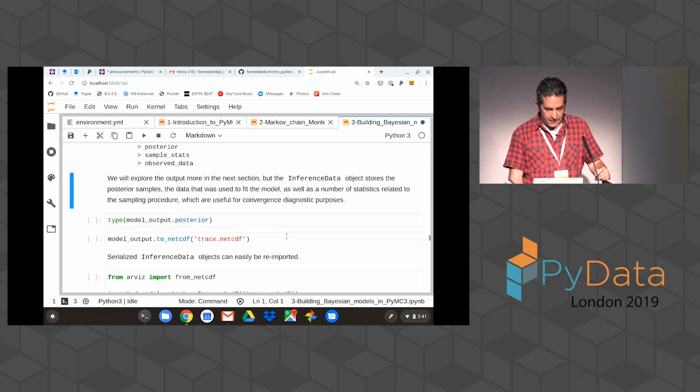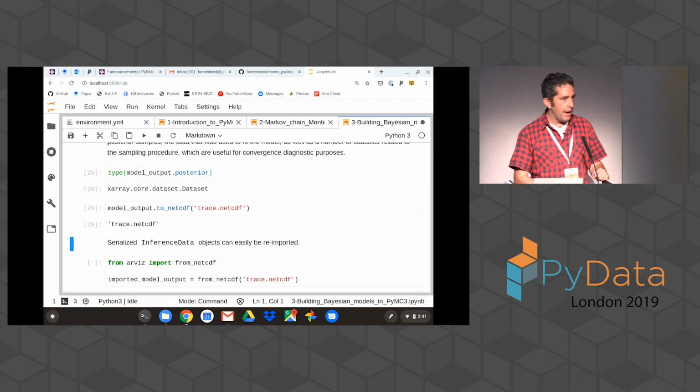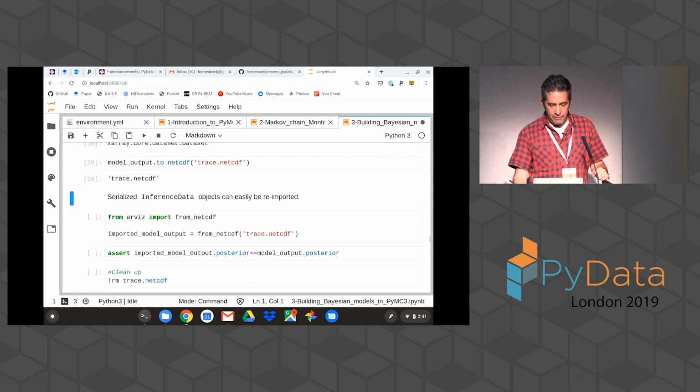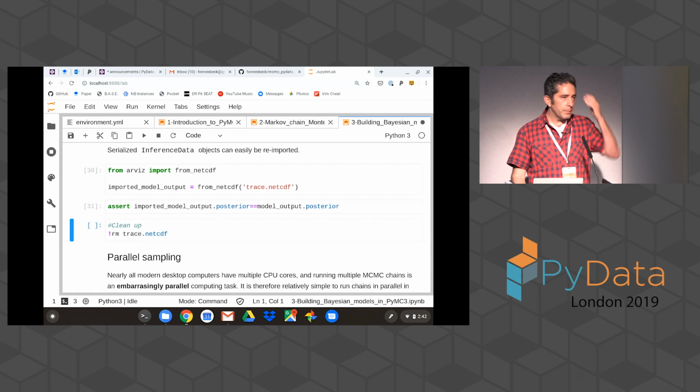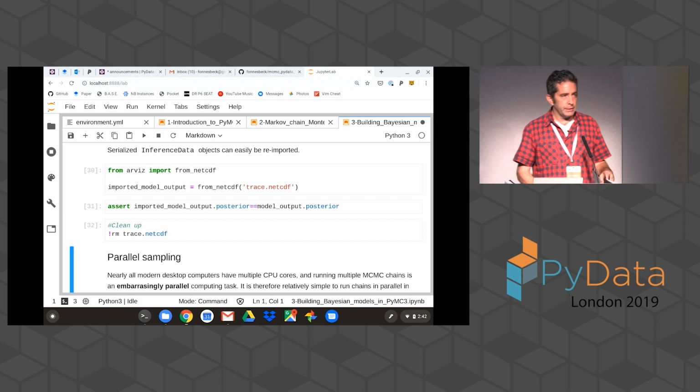And if you've got that, you can save it as a netCDF. And then at a later time, if you need to, reload it, and it's the same thing. Otherwise, unless you have so many samples with so many variables that you're going to run out of memory during sampling, it's probably best to do things these ways.